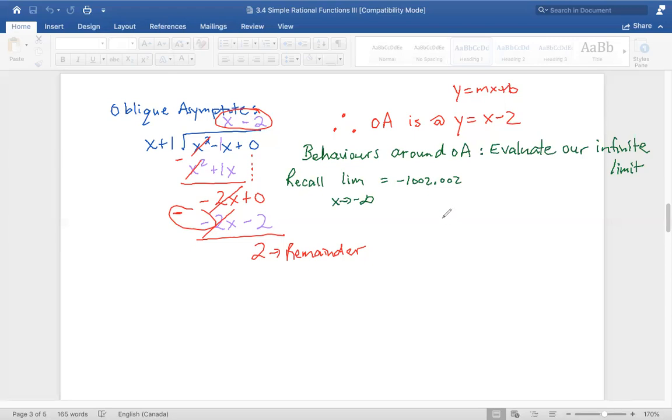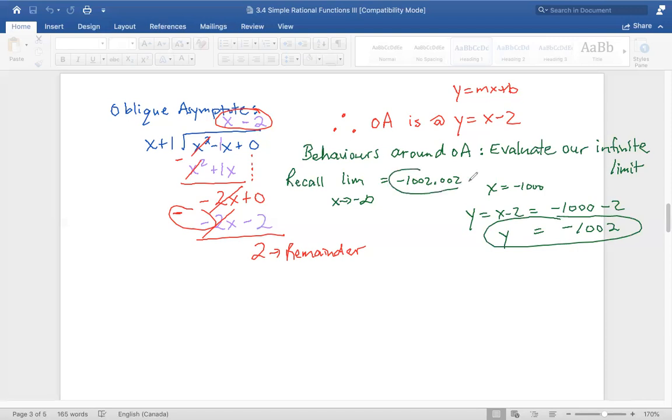If I now plug in x equals negative 1000, for our large negative number, into this equation, y equals x minus 2, negative 1000 minus 2, negative 1002. Basically, I'm comparing this value, negative 1002, with the value that I got from our infinite limit.